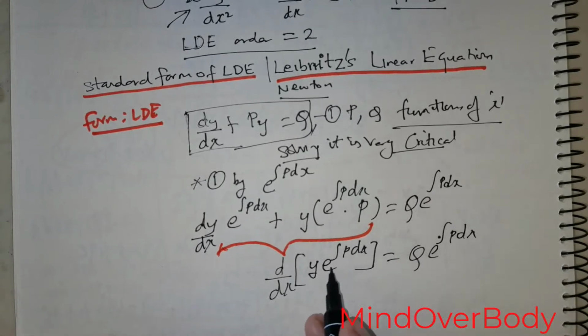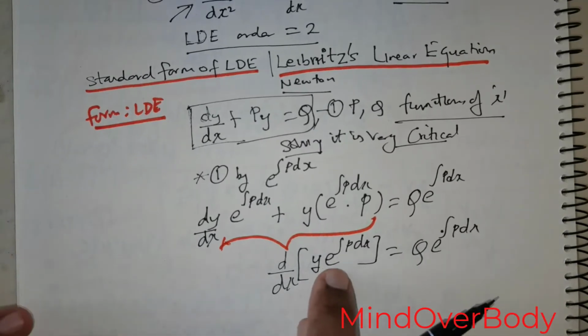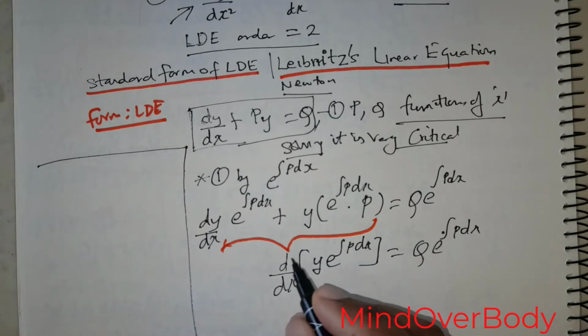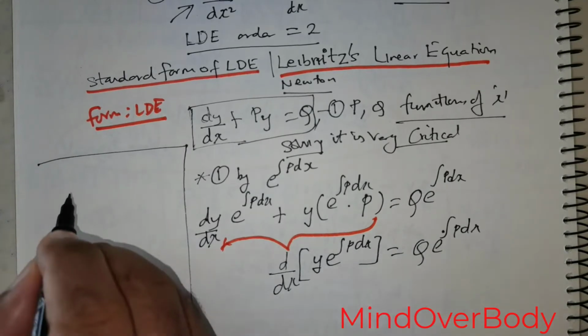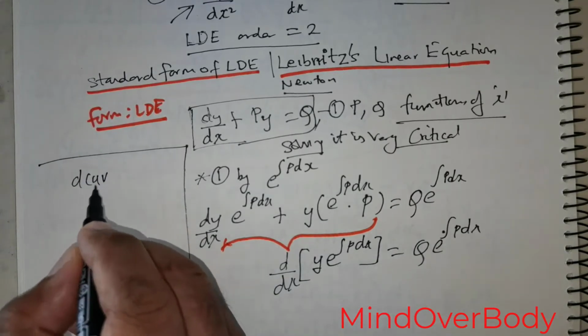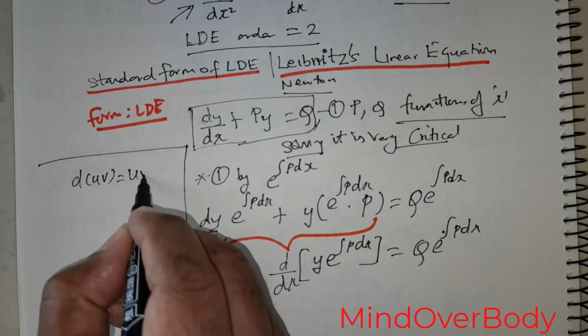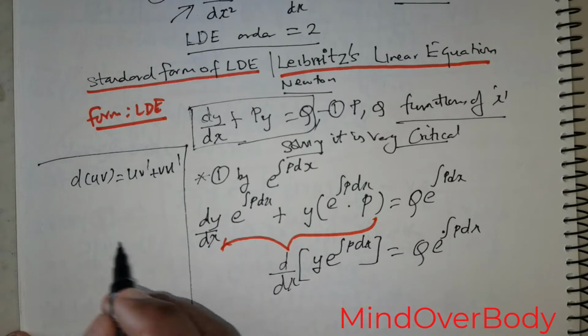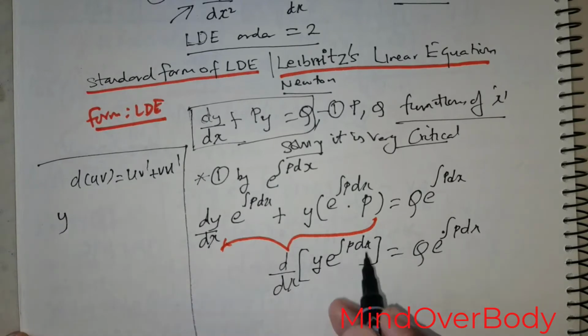Now let me just show you what happens with this. I'm differentiating this term, right? If you have d of uv, what is the differentiation? u times v dash plus v times u dash, right? So this is going to be y times the derivative of e raised to the power of integral p dx.